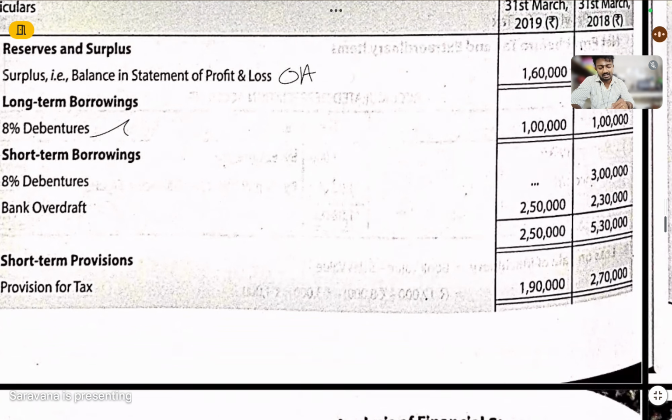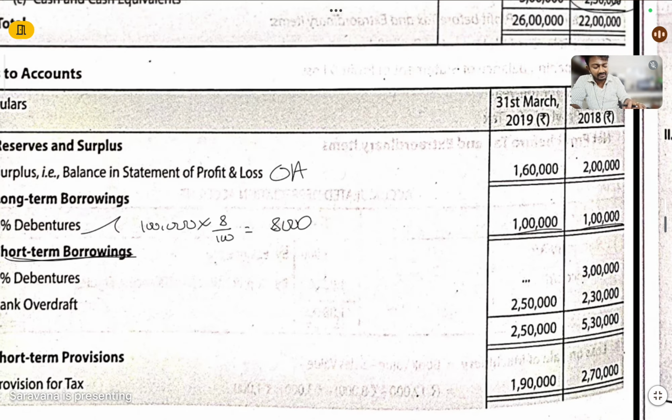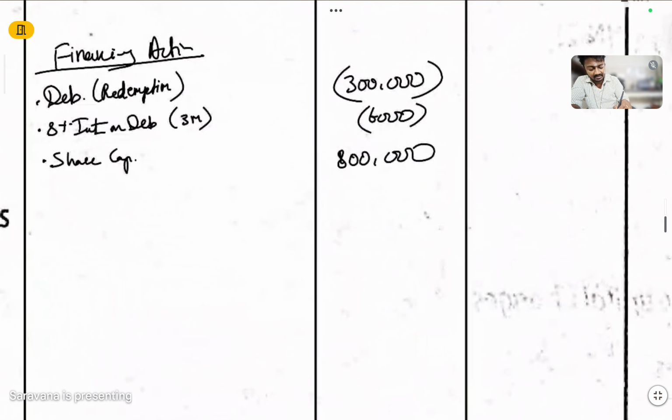Debentures we completed. Short term debentures. In this there is 1 lakh debentures. Nothing is mentioned, but we need to pay the interest. 1 lakh into 8 by 100 comes to 8,000. In financial activity, this is a clubbed one, and this 8% interest is for the total.